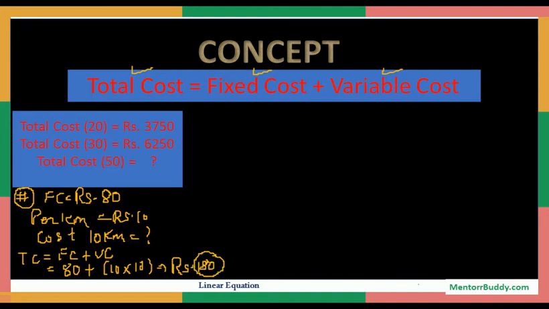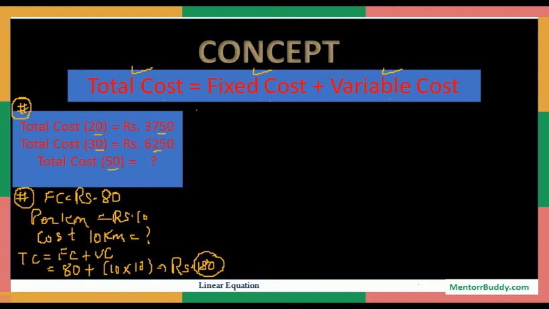Now applying the same logic in this question, the question says for any event, let's say picnic or a get together, the total cost for 20 people is rupees 3750, and for the same event the cost for 40 people is rupees 6250. Then find the total cost for 50 people. So we know that total cost is equal to fixed cost plus variable cost.